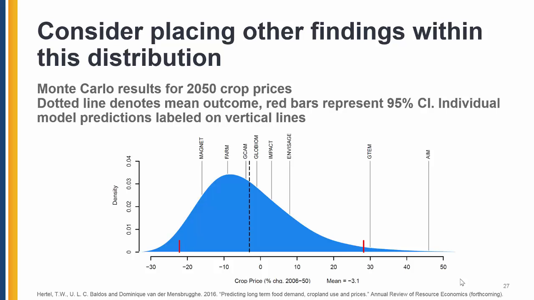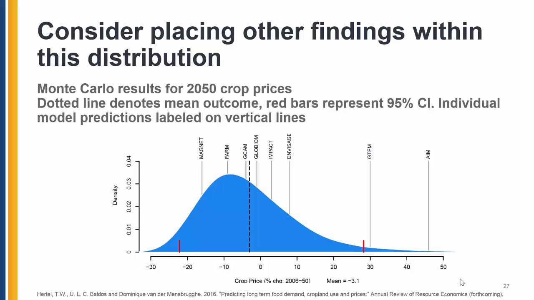What this Monte Carlo distribution of results from a simple model, which we term an emulator, shows is that when we sample from the distribution of parameters and underlying drivers such as population, we obtain a distribution of price changes where the bulk of the mass is on the left-hand side of zero, suggesting a price decline, not a price increase.